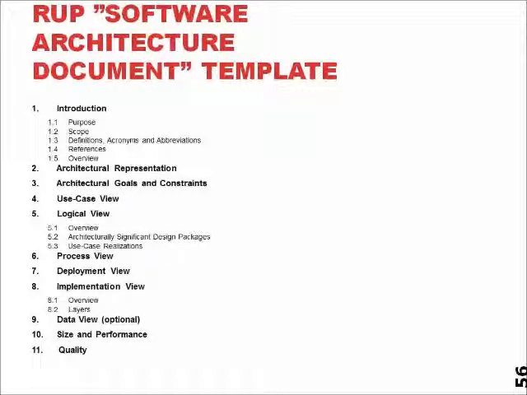Also things about the size and performance, data, what sort of data we are handling, quality, which quality metrics we want to use, and also what sort of goals and constraints we have, additional requirements imposed by the software platform or system platform, for example, in that number 3, and also if we want to add things like user interface and stuff like that, we can put them, for example, into the deployment.